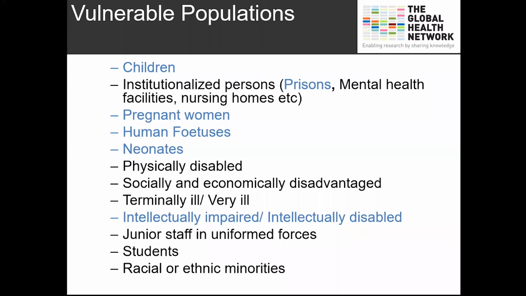Certainly, a child who is living out of the comfort of his parents' home is vulnerable. And the fact that it is a child actually makes that person vulnerable.